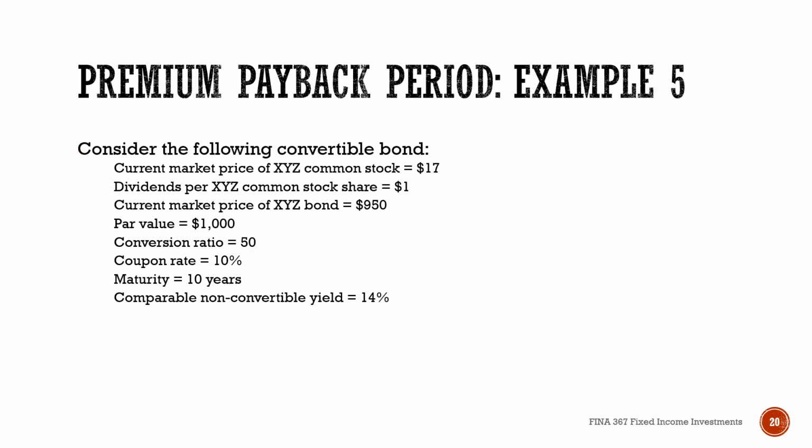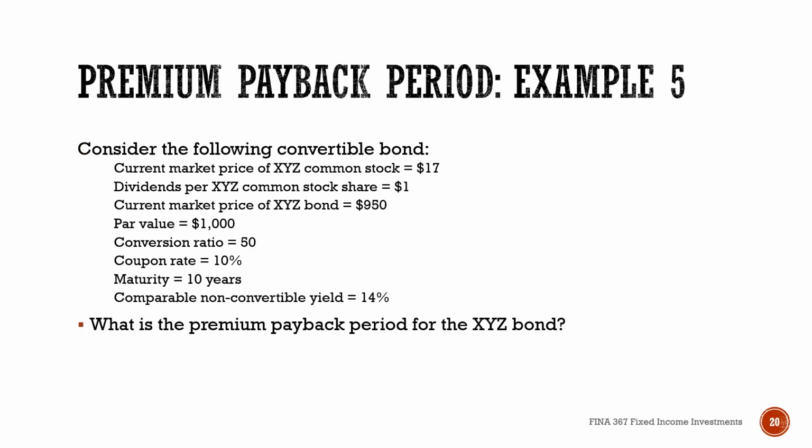Now let's go back to the bond that we've been working with and try to calculate the premium payback period. Here's the solution. You should start by calculating the coupon that the bond promised to pay annually. Remember that it's annual. 10% of 1,000 is $100.